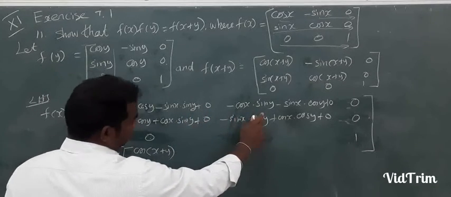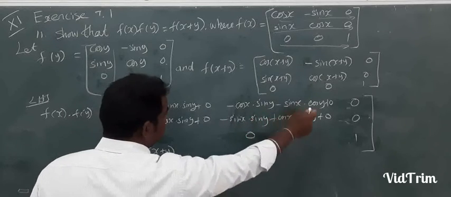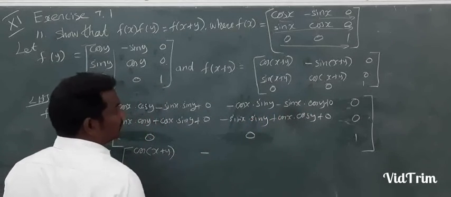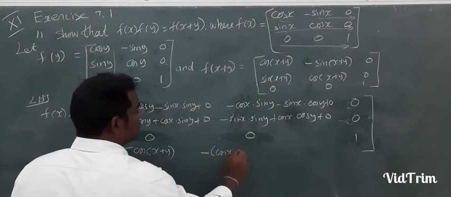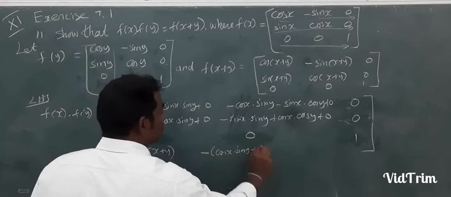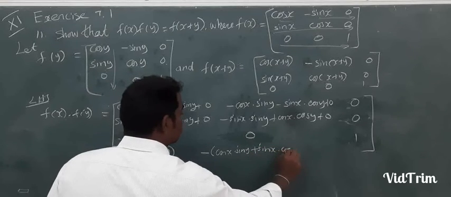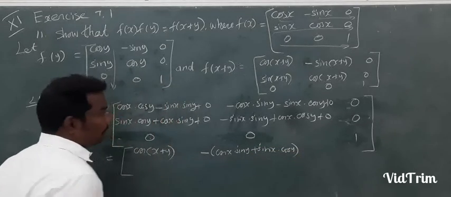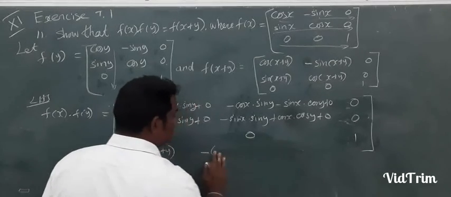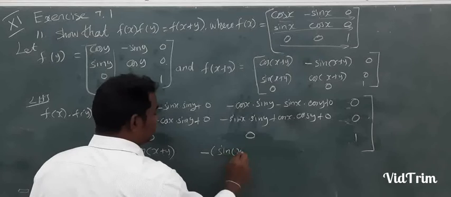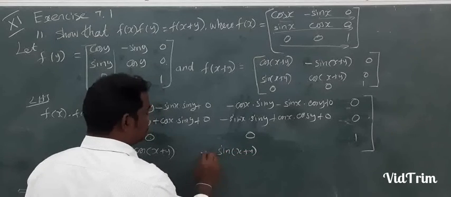Minus cos x sin y minus sin x cos y: you take minus as common, and then we write cos x into sin y plus sin x into cos y. This formula is sin of x plus y. So you may write sin of x plus y.